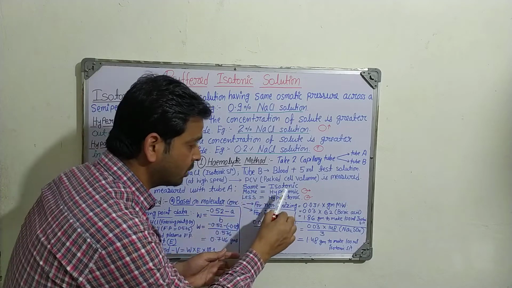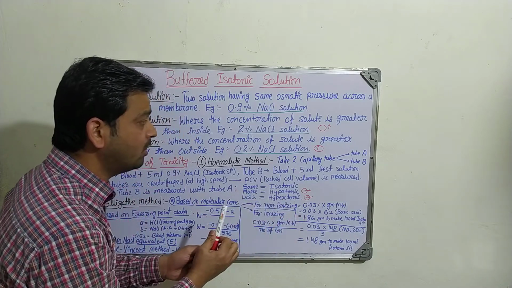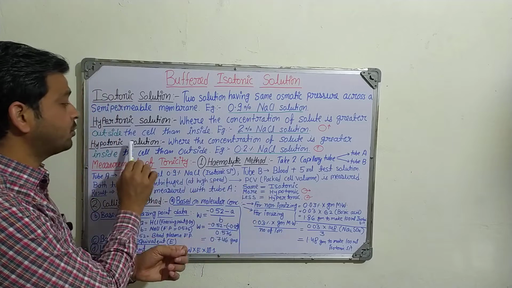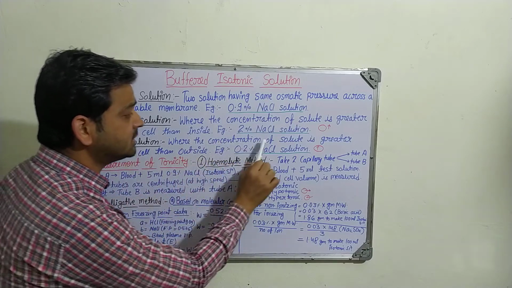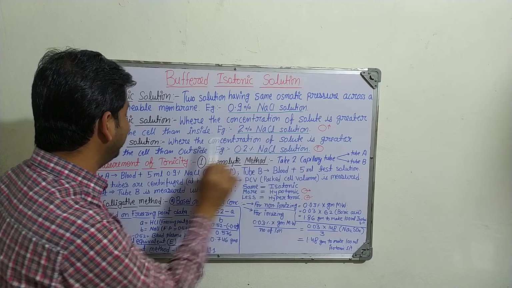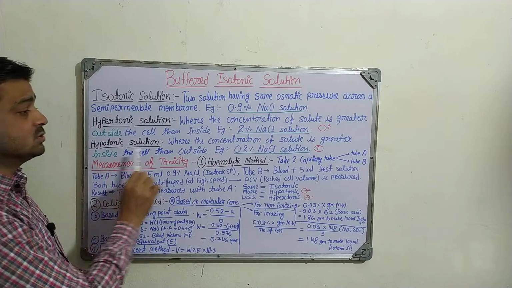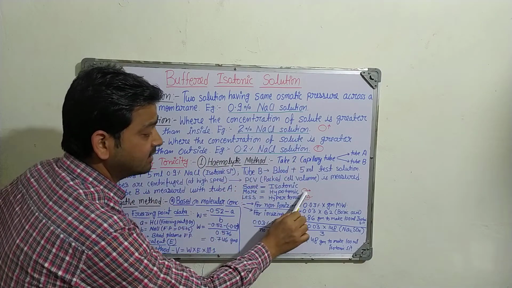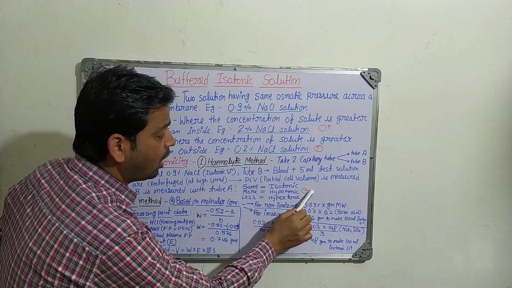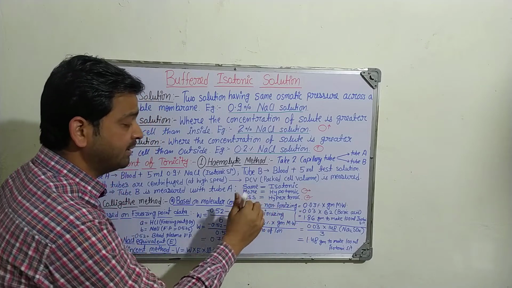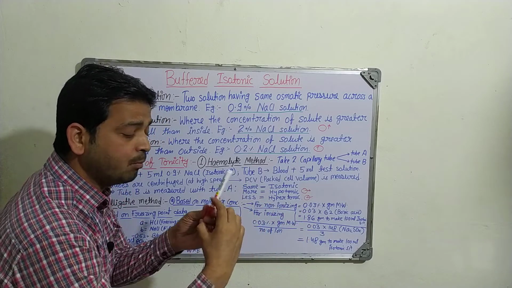If it is more, it means the solution is hypotonic. Why? Because in hypotonic the concentration of solute is greater inside the cell, so it will go outside, and the PCV will be more.